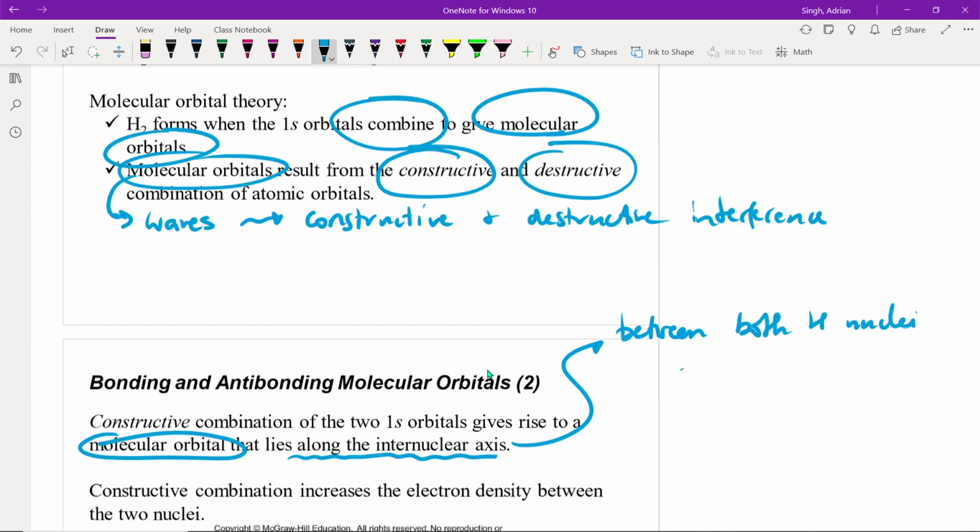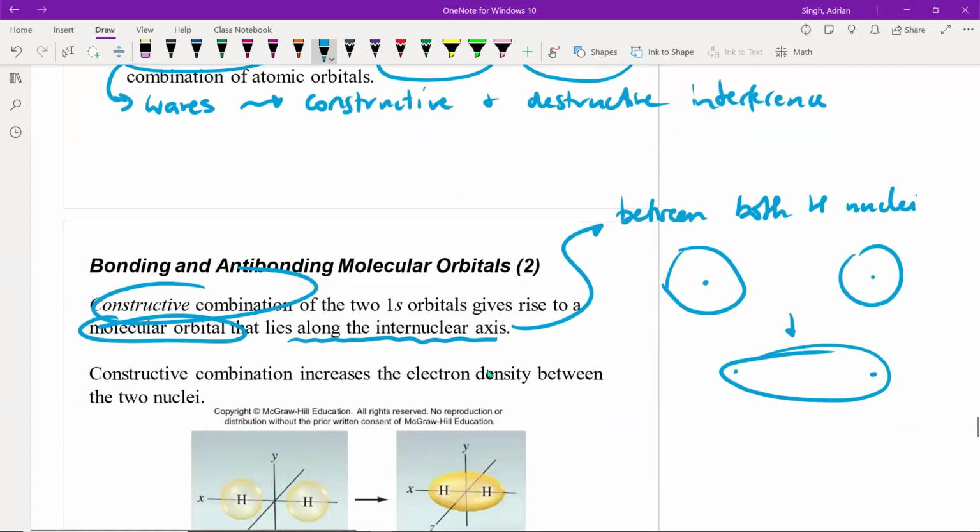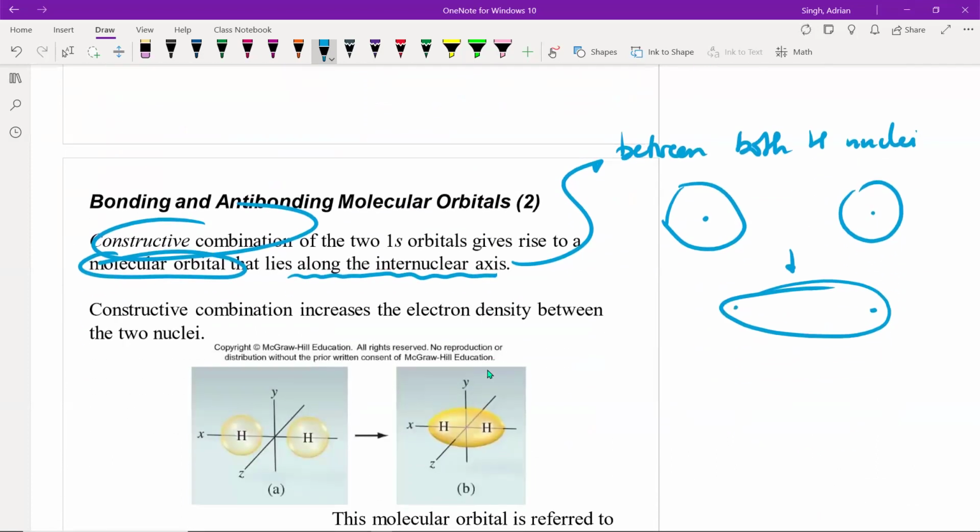Okay, so if I have a hydrogen atom over here with its nucleus and another one over here, this constructive combination will lead to the new molecular orbital being in between, sort of like so, between both of the nuclei in the hydrogen molecule, right?